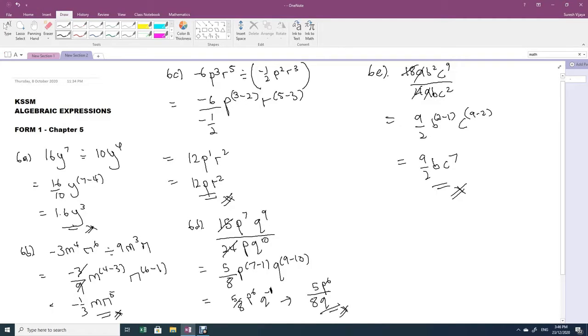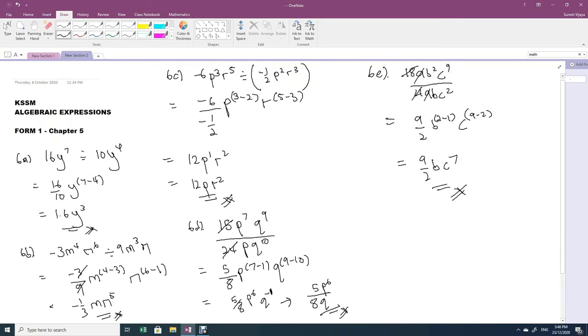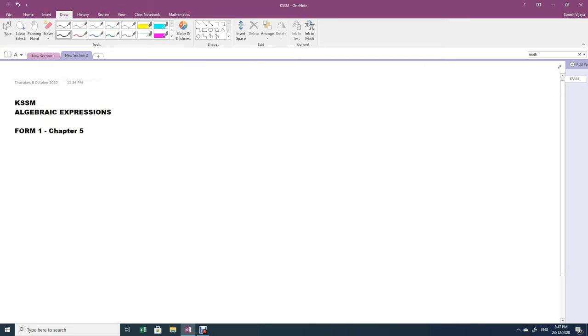Let's move to the last question for chapter 5, which is question 7. Question 7 asks you to simplify each of the following.